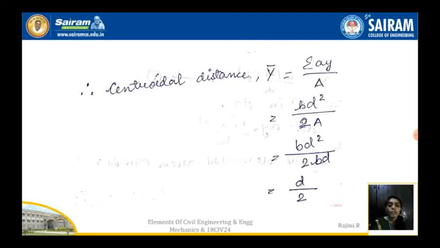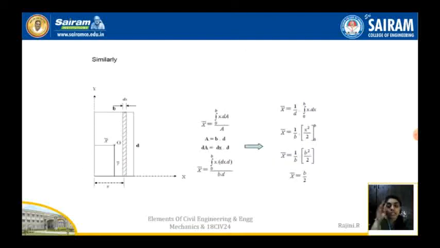In the same way, if you cut the rectangle in a strip along the y axis, you will get the x bar distance. In the first figure, you took a horizontal strip. Here you cut in the y strip.